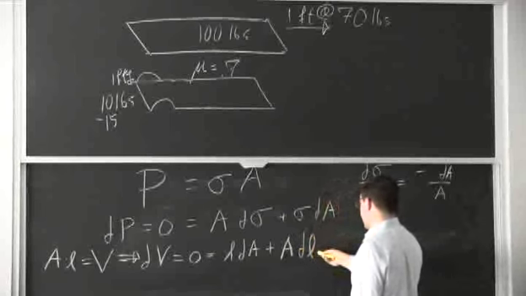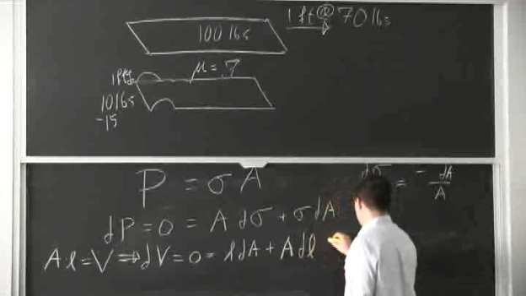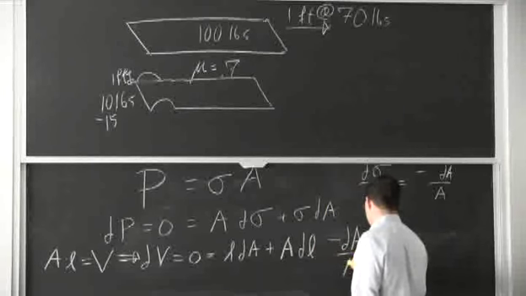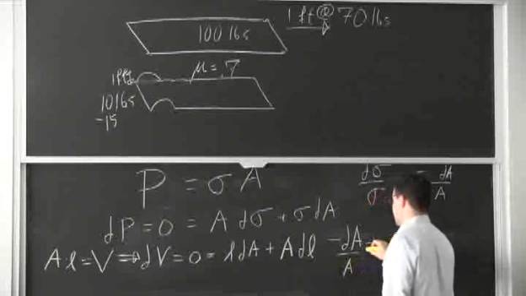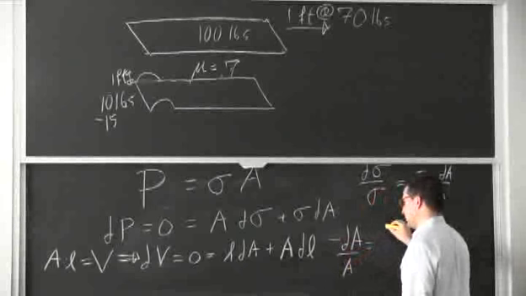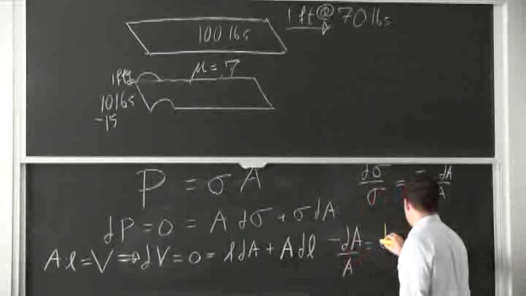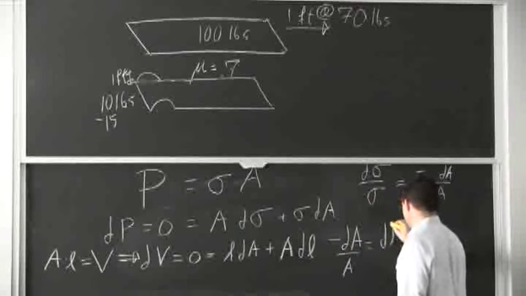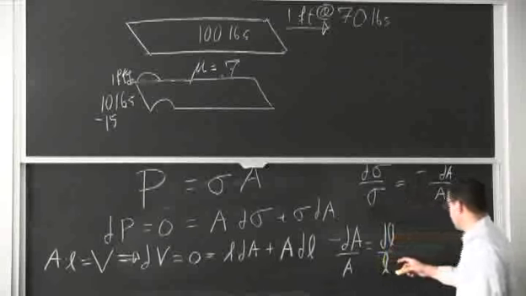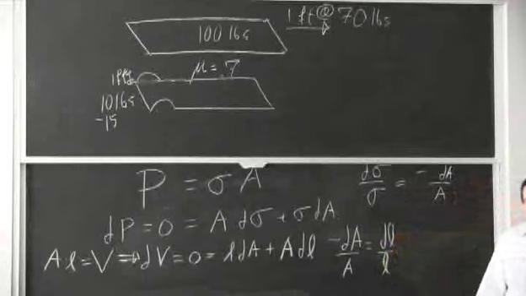So if I organize this one, I have minus dA over A is dL over L. Anybody knows what dL over L is?